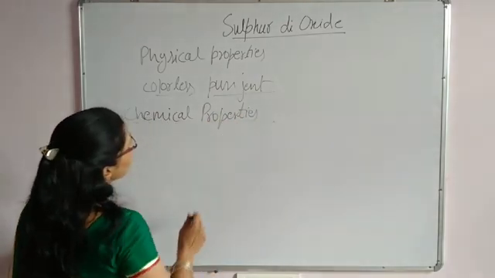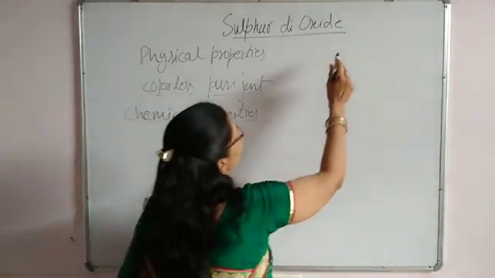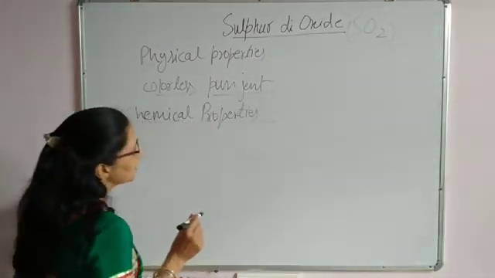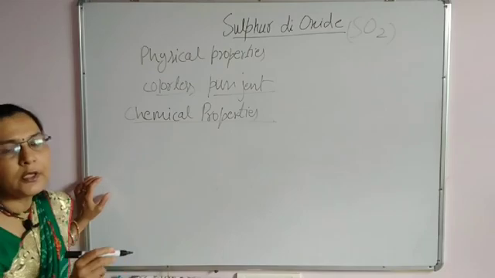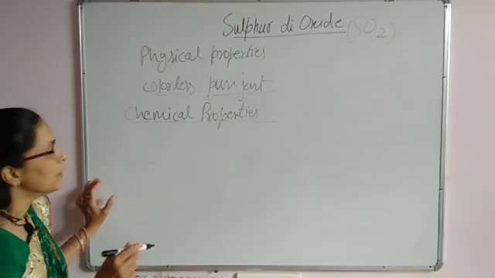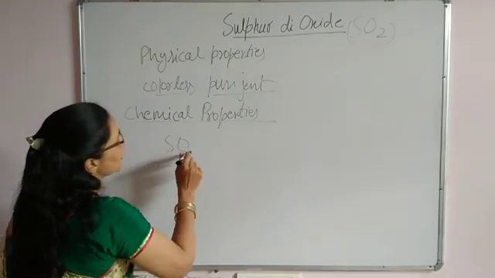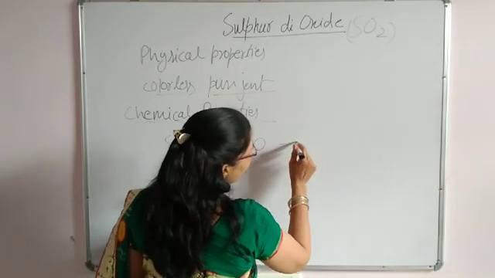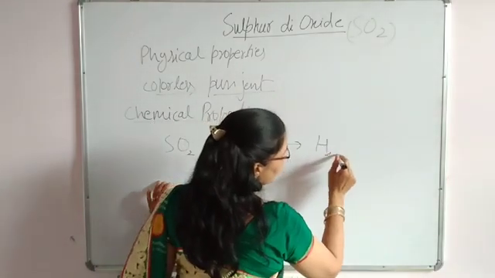For chemical properties, as sulfur dioxide, it is oxide of non-metal. So definitely it will be acidic in nature. So moist litmus paper suppose taken or it is treated with water, there will be formation of sulfurous acid.